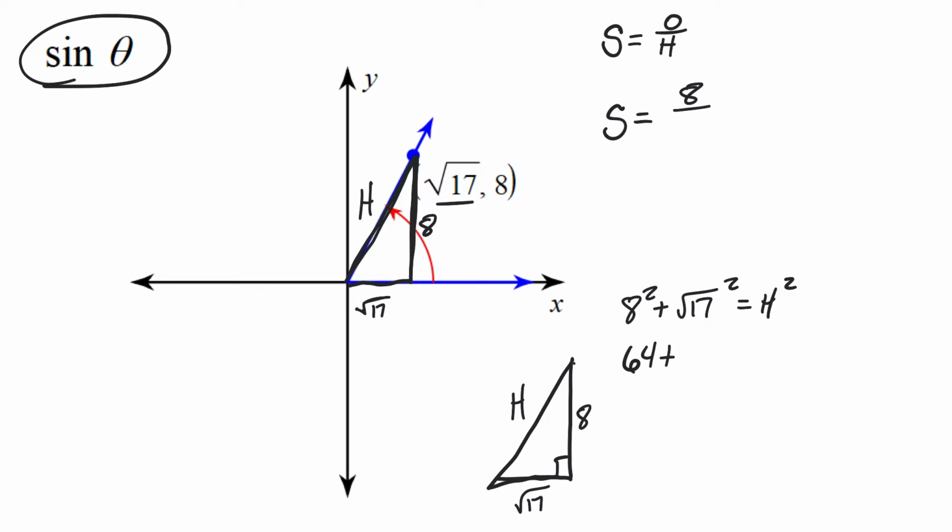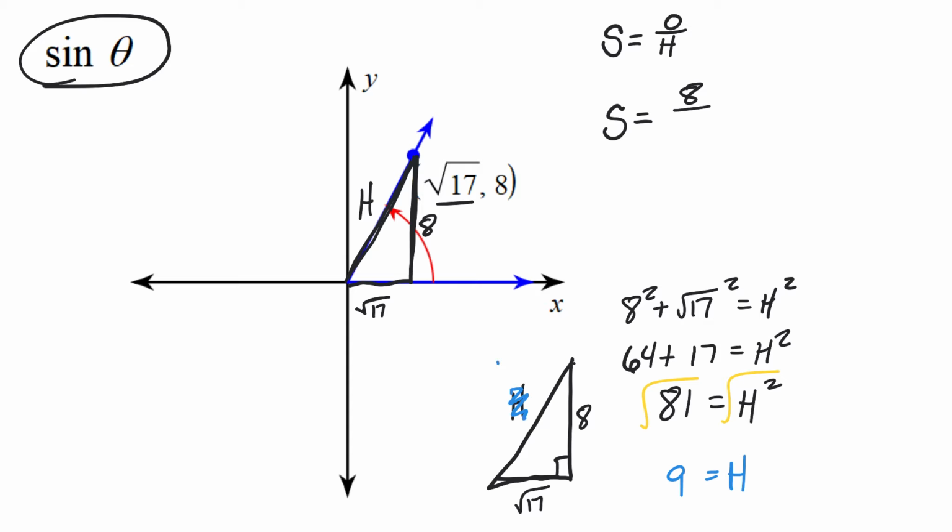The square root of 17, squared, is 17, equals the hypotenuse squared. So we have 64 plus 17, which is 81, equals the hypotenuse squared. So we take the square root of both sides, and the square root of 81 is 9. So we learned that the hypotenuse of this triangle is 9.